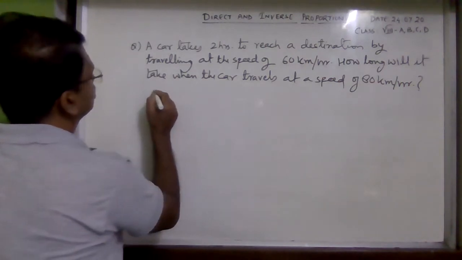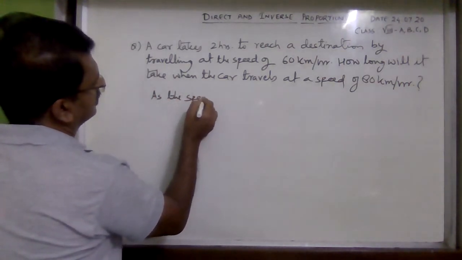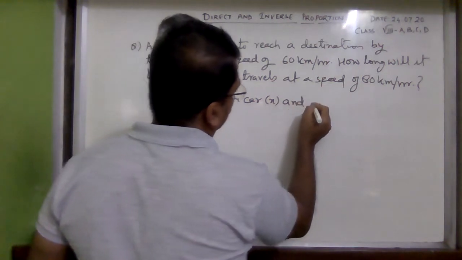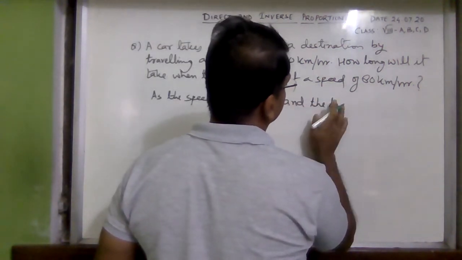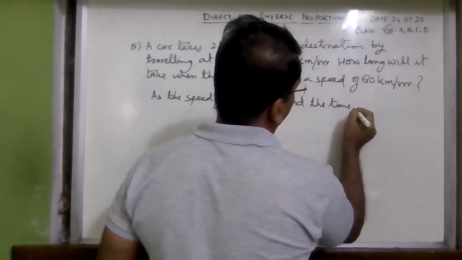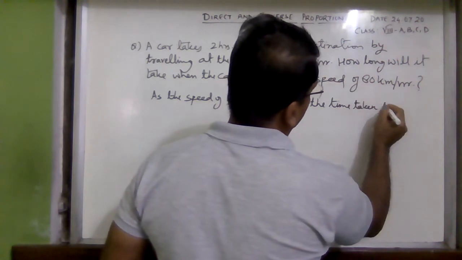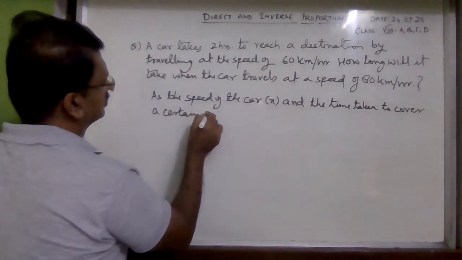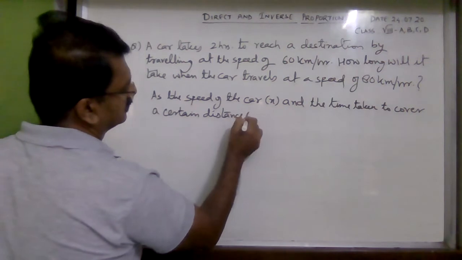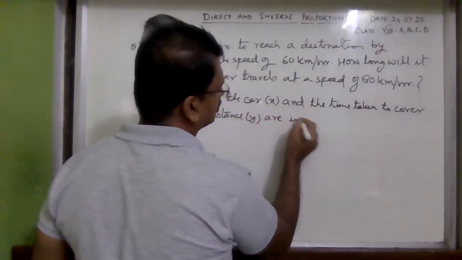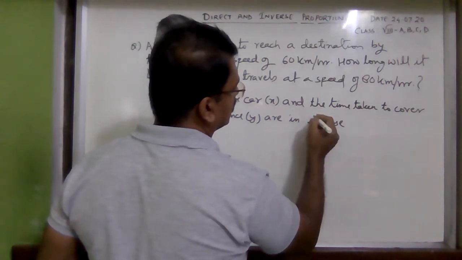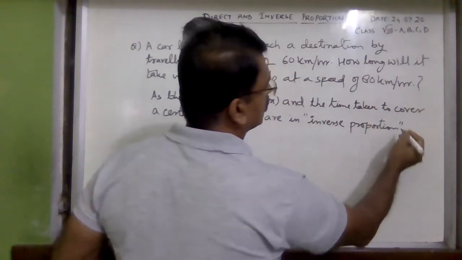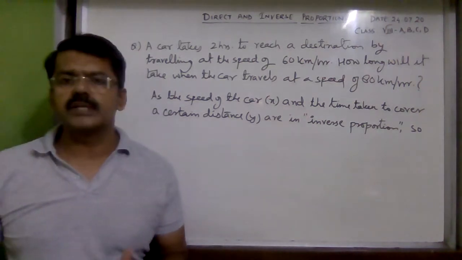So the speed of the car and the time taken to cover a certain distance are in inverse proportion.